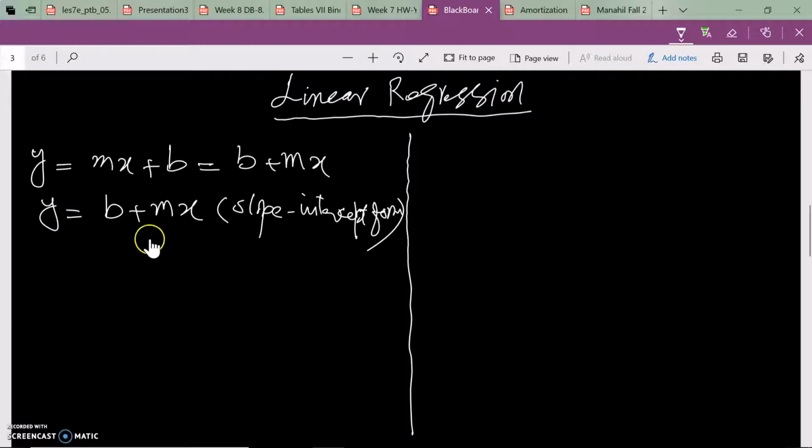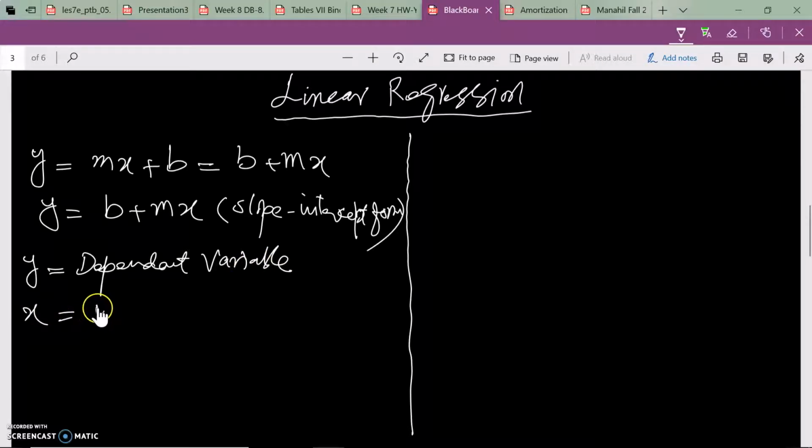Okay, so let me tell you what are the basic things here. What is y here? Y is called the dependent variable. X is called the independent variable.